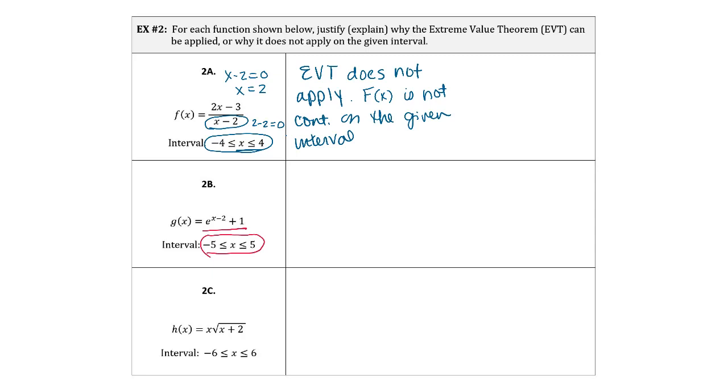So here we would say the extreme value theorem does apply for g of x, because g of x is continuous on the given interval.